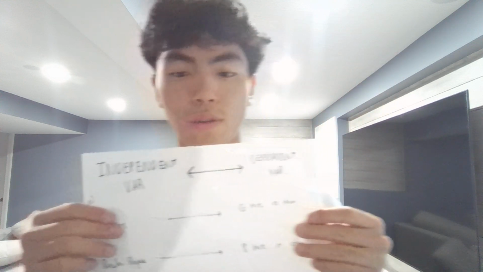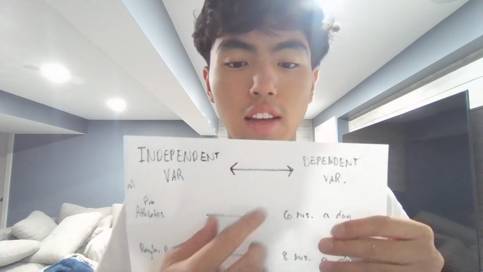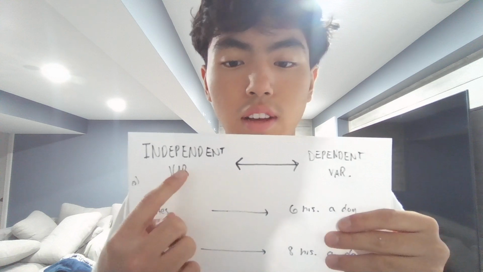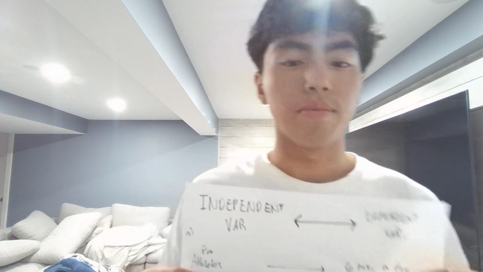And on the contrary, we have something called a confounding variable, where the relationship isn't so clear anymore. We have a third player here that lives up here, and he influences the independent variable and influences the dependent variable.